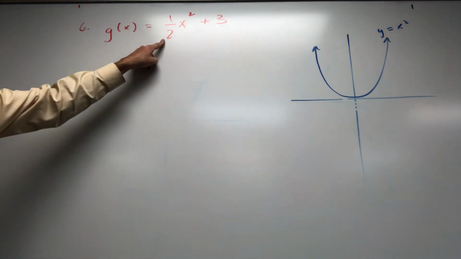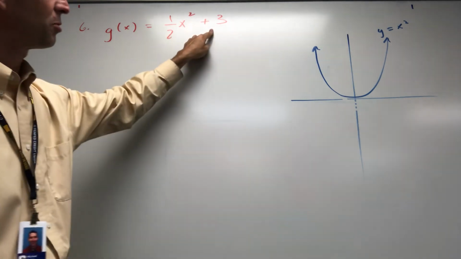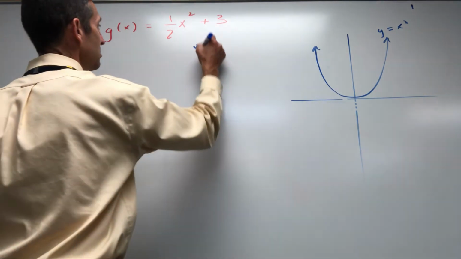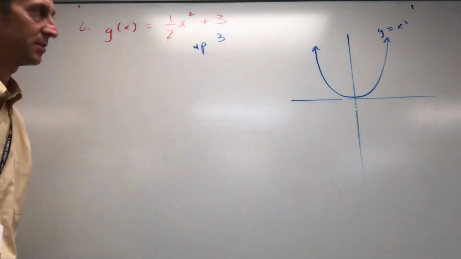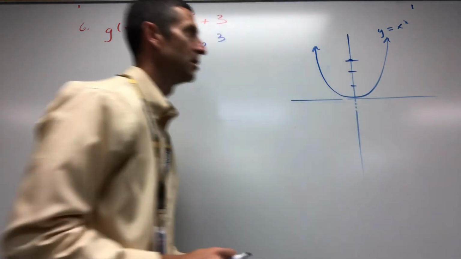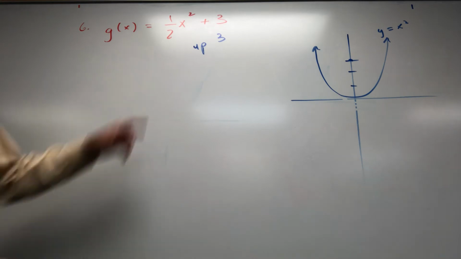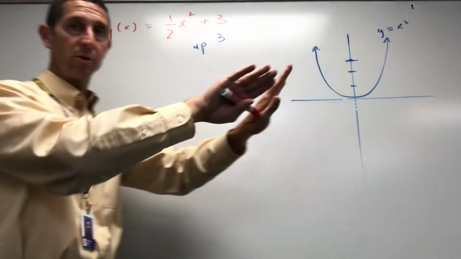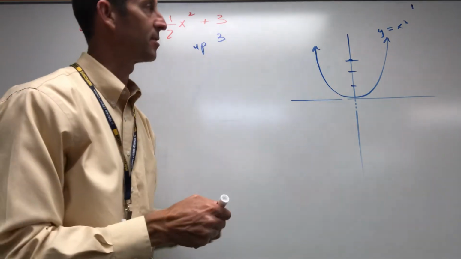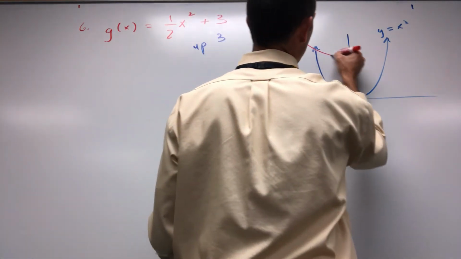We have two things that are happening to us. You've got the 1/2, which is going to flatten it out. It's going to shrink your graph. The plus 3 means we've got to move this up 3 spots. So on your graph, once, twice, 3 times. So when you go to start this one, you got to start at 0, 3, and it's a 1/2. So your parabola gets flattened out. So it's going to look more like this.